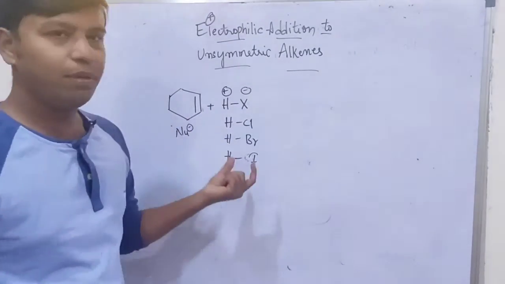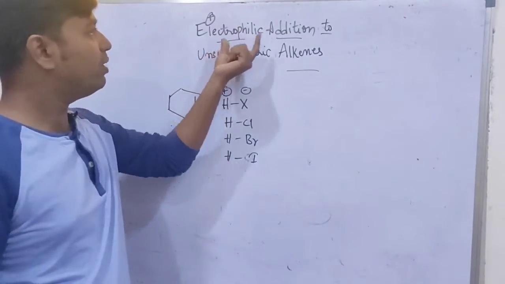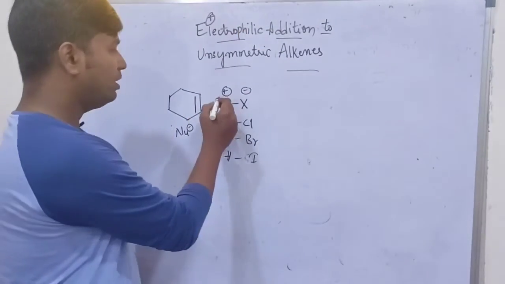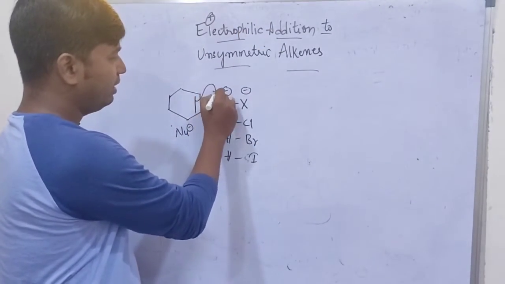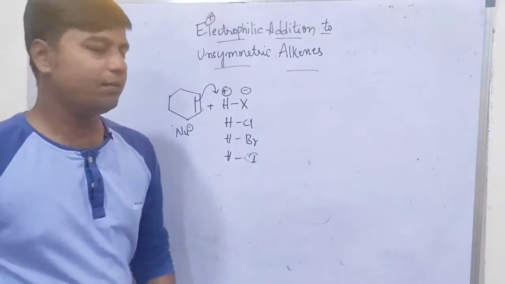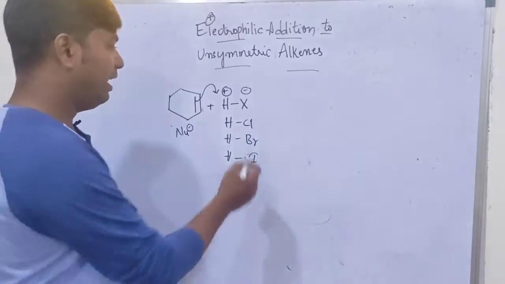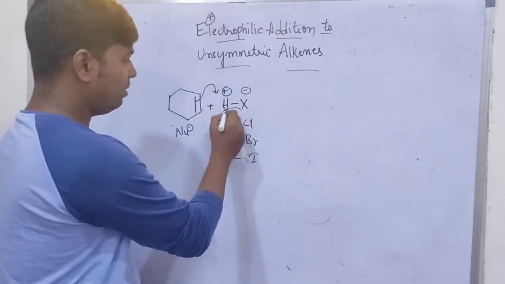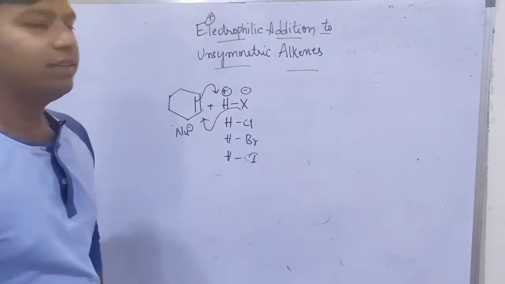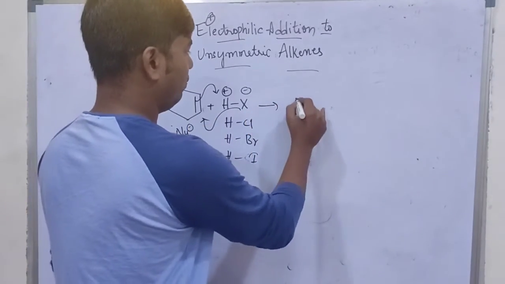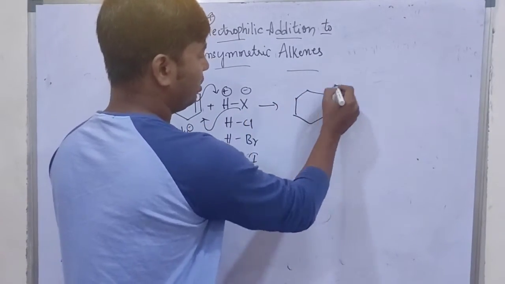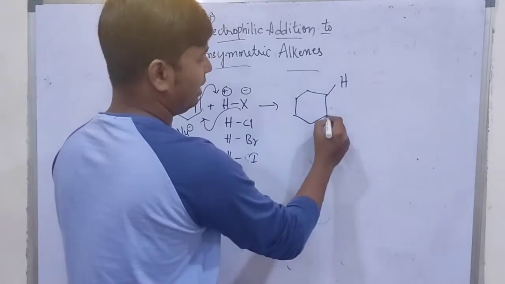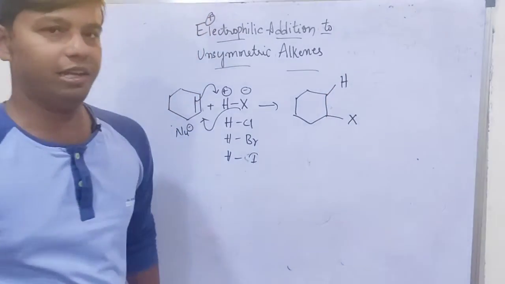But always remember, here we are studying electrophilic addition. So this proton is going to add to this substrate, and the X minus that we got is going to attack here. The resulting compound has hydrogen attached here and X attached here.